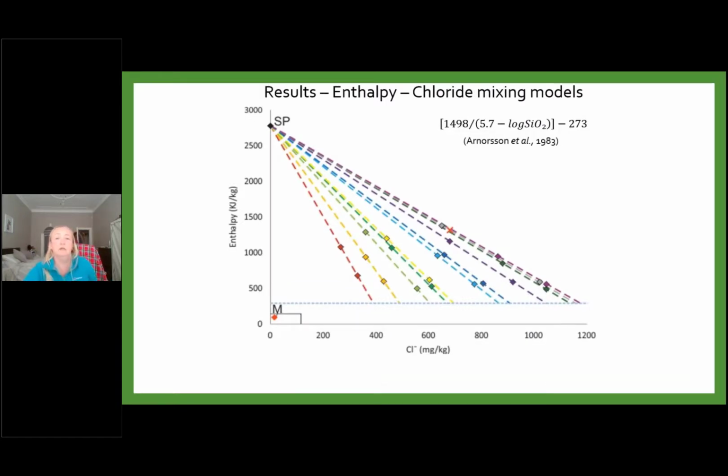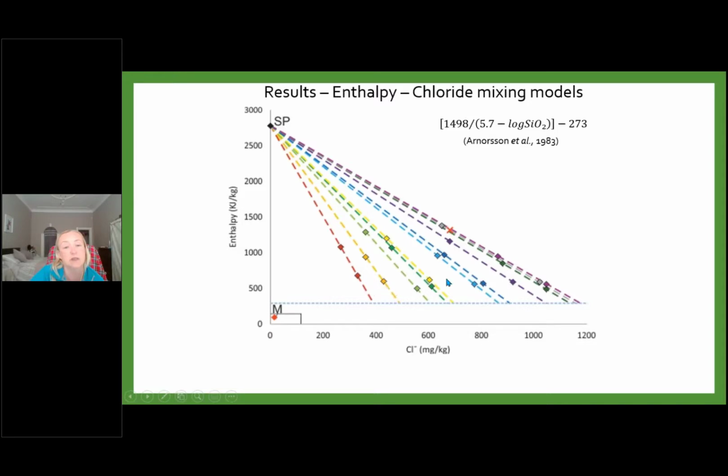So, enthalpy chloride mixing. The bottom values here are the values calculated from data collected from well samples themselves. And then everything else is converted and calculated from this data to ascertain the conditions prior to rising to the surface.